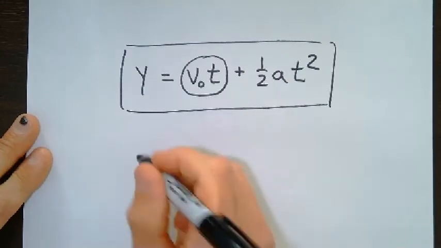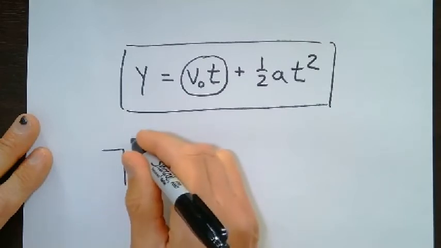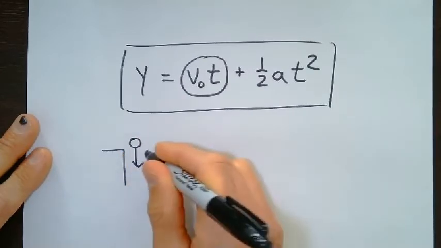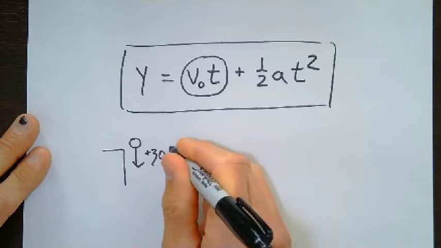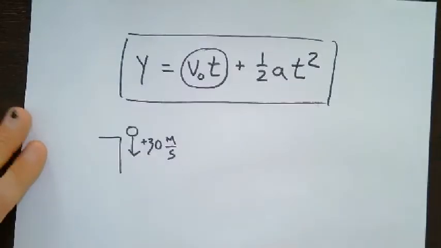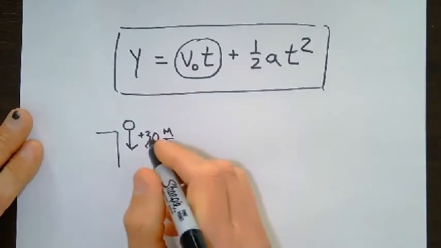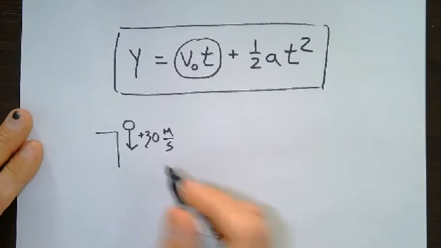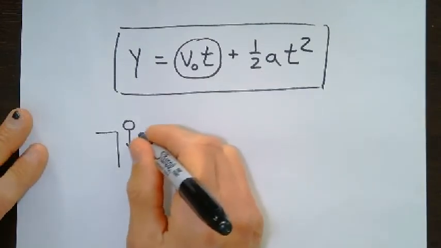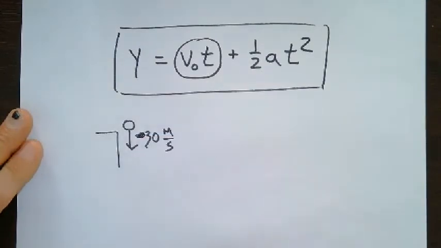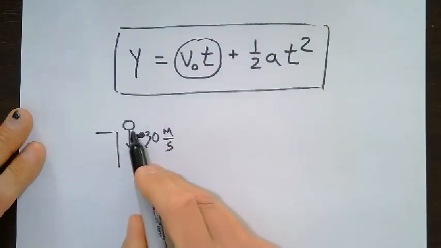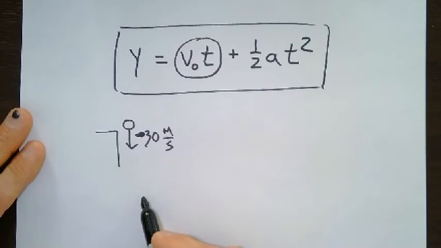So for example, if the person throws the ball down with an initial velocity of 30 meters per second, and then I made a mistake here because it's not positive, right? If we do that, it's -30. And the way that you would handle that is now the ball's going to go that much further as time goes by.